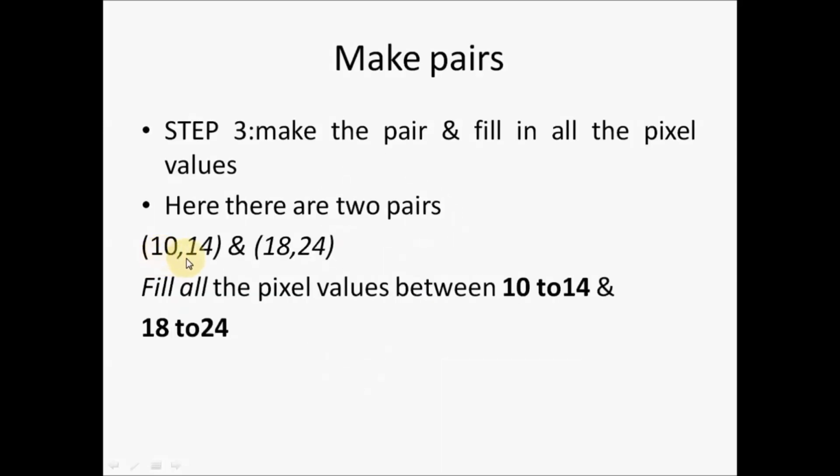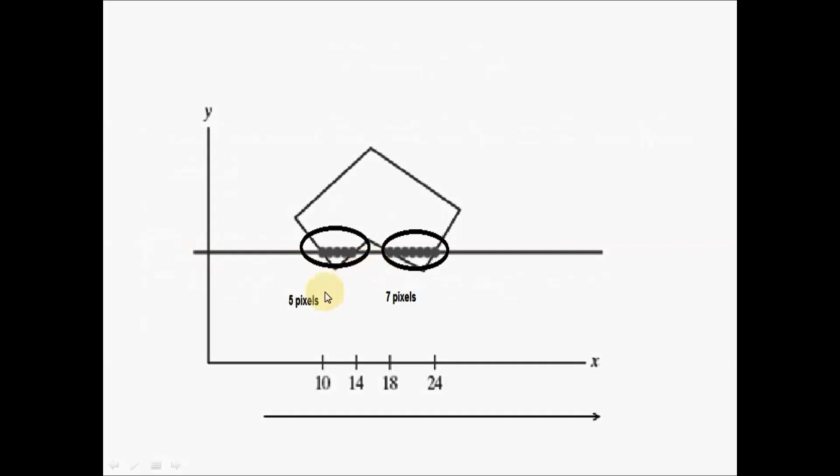Between 10 to 14 we will get 5 pixels. Between 18 to 24 I am going to get 7 pixels. Getting, guys? Like this I have to fill the polygon.